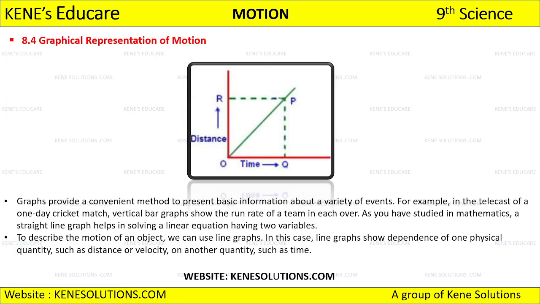After this, we discussed the graphical representation of motion. So I just want you all to please go through this slide properly and quickly.